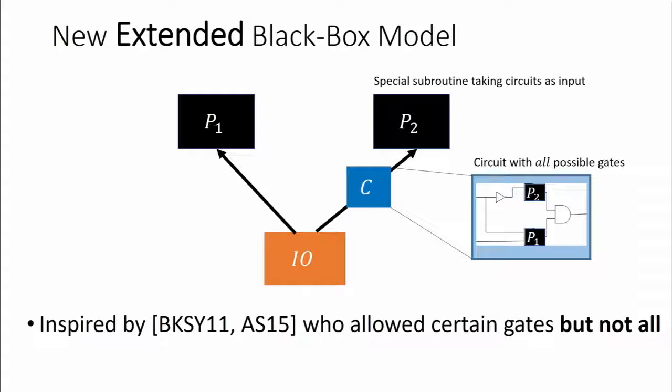So this is basically a model that was partially studied before in some impossibility results. It is inspired by the works of Bitansky, Katz, Segev, and Yerukhimovich, and Asharov and Segev. In those theorems, they proved impossibilities while allowing certain gates in the circuits that you use, but not all possible gates. So none of those results were proved in the full extended setting.